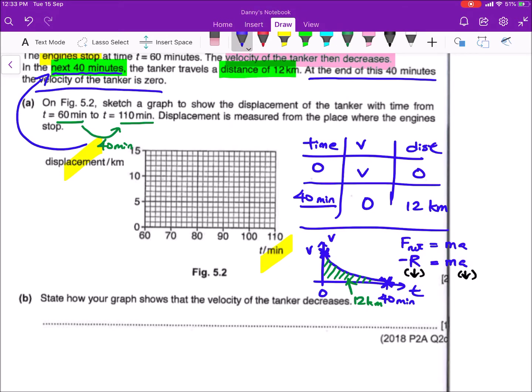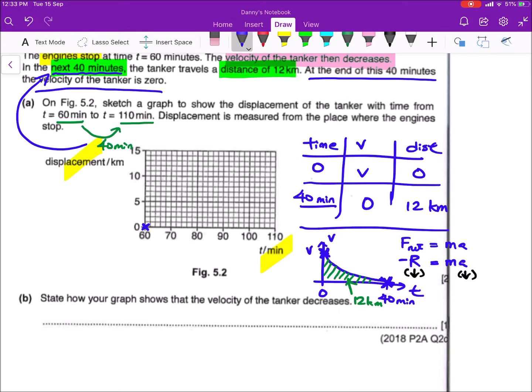Okay, so I will just take it that at 60 minutes, my displacement is 0. It has not moved yet, right? That means I put my reference point at the position where the engine was cut off. So from there I will count how much displacement has occurred.